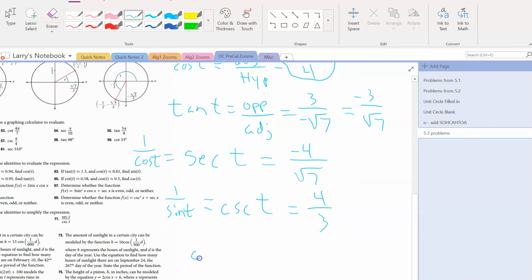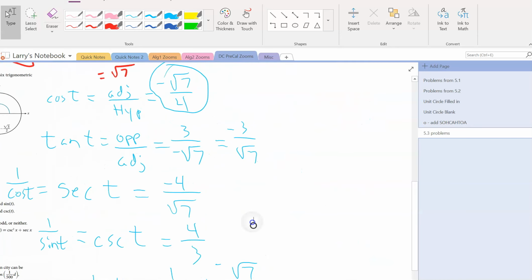Lastly, cotangent. Cotangent of t is the same as 1 over tangent of t. So I'm flipping over tangent. So this would be square root of 7 over -3. Said another way, negative square root of 7 over 3.